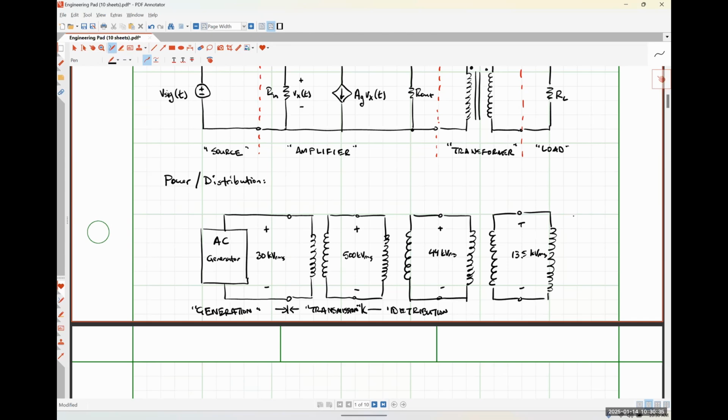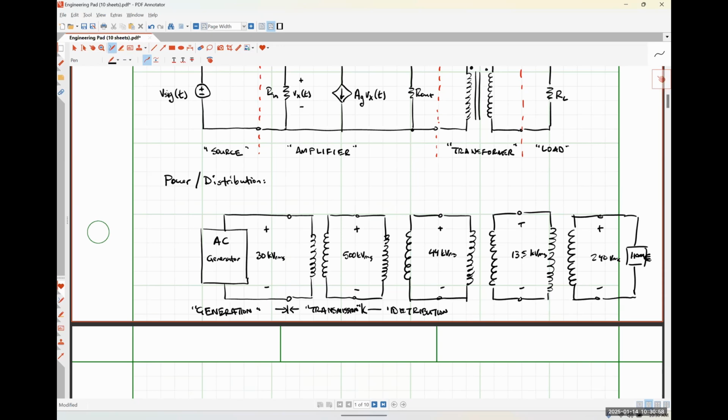And then finally, we would get down to our home. In homes here in the States, I'm running out of room here, we actually get 240 volts RMS. Let me just write home here.